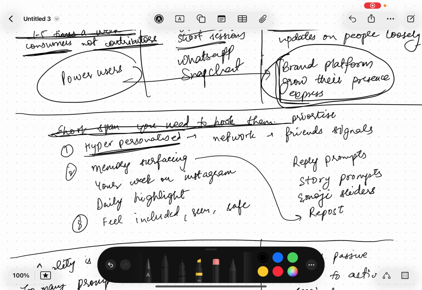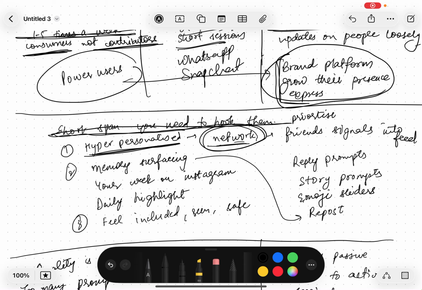Here also you can take signals from the network, like what your friends are doing. The first level signals are already taken into account, but we can prioritize the second level signals: if friends are liking someone else's post, prioritize those in the feed.